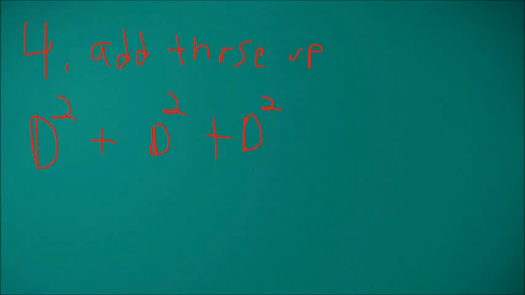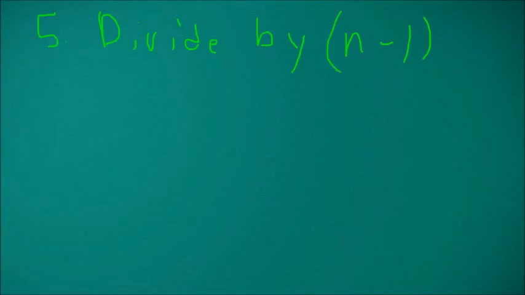Okay, so once you've done that, we are now going to step 5, and we're going to divide the number we just got by n minus 1. So for example, in the last one we had 3, so if n was 3, then n minus 1 equals 2.